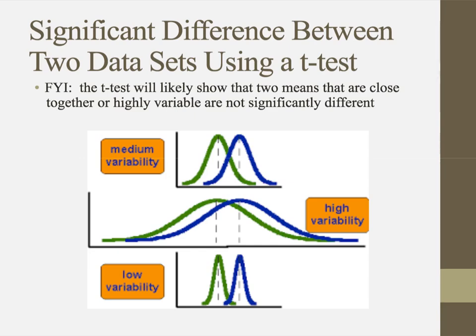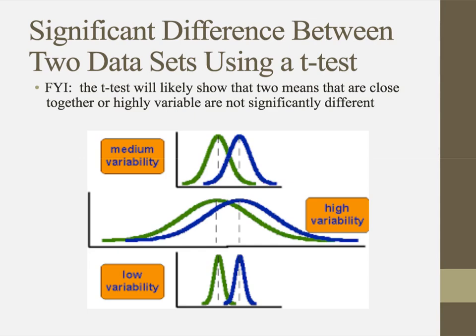Now, I'm going to teach you how to interpret the actual mathematical results of the t-test, but just something to keep in mind here is that the t-test is probably going to show that two means that are really close together, or two samples that have lots of variability, probably aren't going to be significantly different, okay?